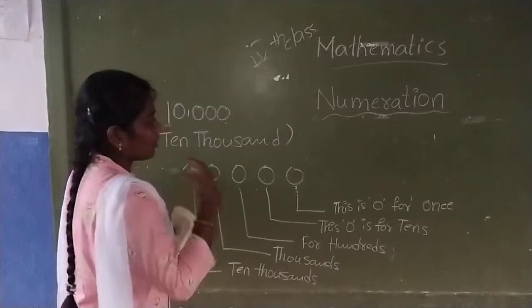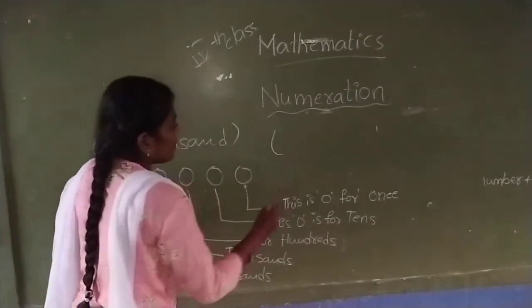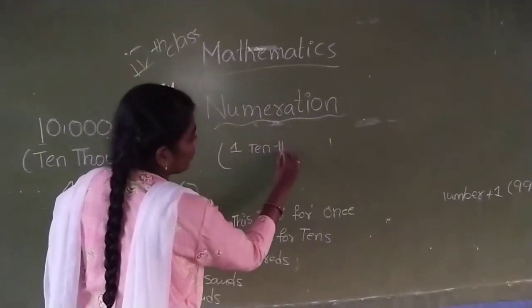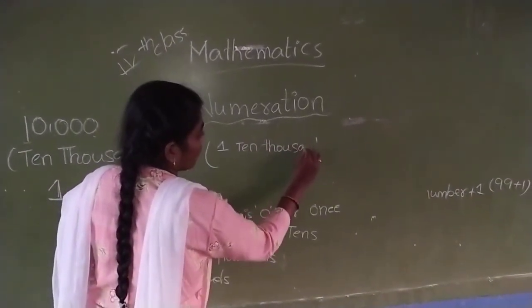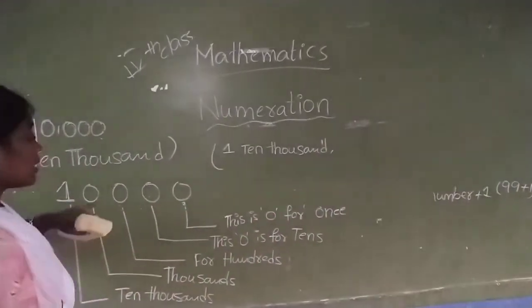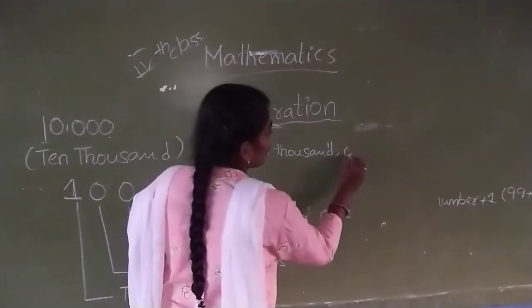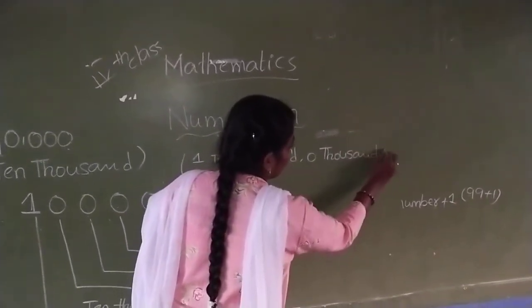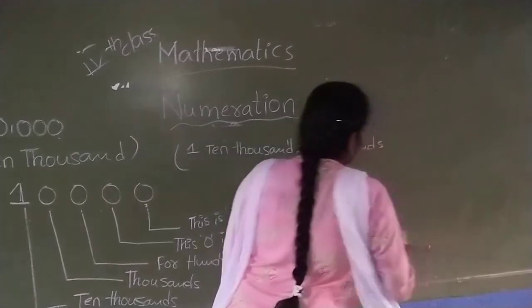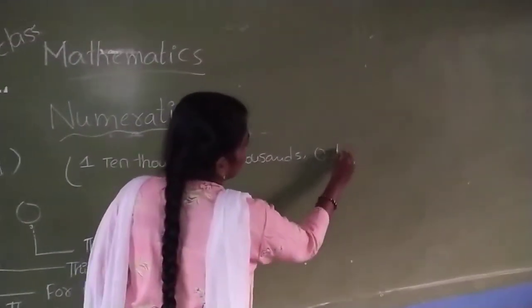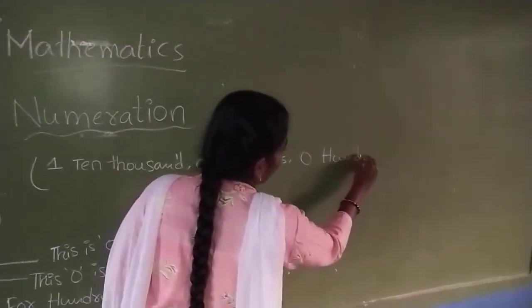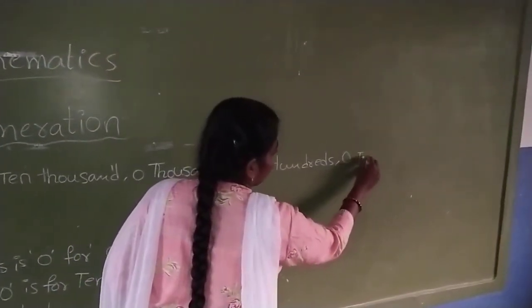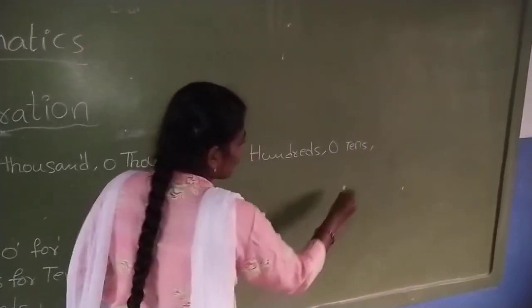In this 10,000 we are writing like this: 1 ten thousand, 0 thousands, 0 hundreds, 0 tens, and 0 ones.